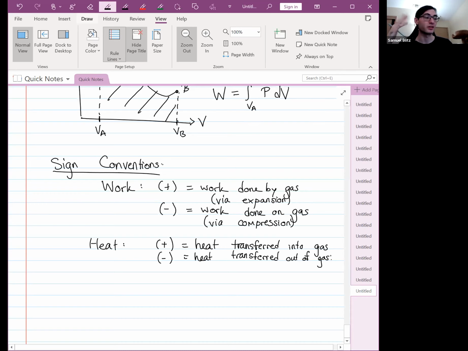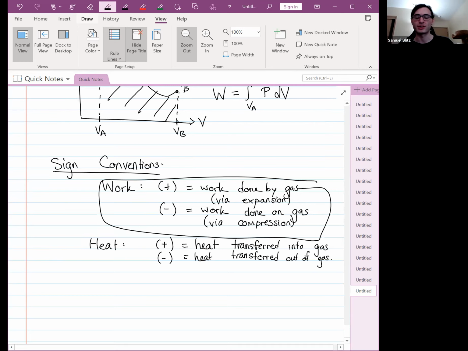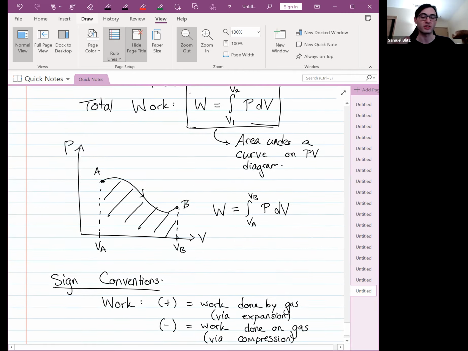These are opposite signs. Now, just as a quick note, this sign convention for work is the opposite of what you'll see in chemistry. In chemistry, they say that work is positive when it's done on the gas, and that the work is negative when the gas does work. We use a separate sign convention because we want to use a straight up integral without an additional sign in order to describe work.